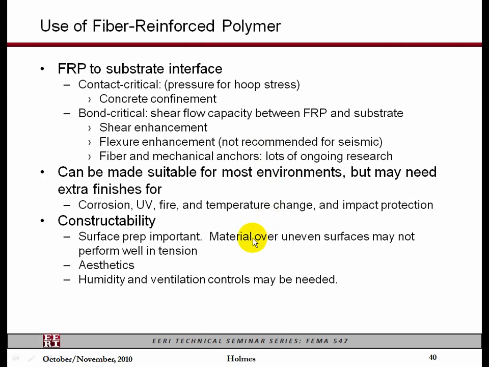So you have to get the surface relatively smooth. You have to worry about, are you going to cover it up or are you going to leave it there? And while you're putting it in, you may need some controls in the building, both for the other people in the building, the ventilation, as well as humidity for the material itself.